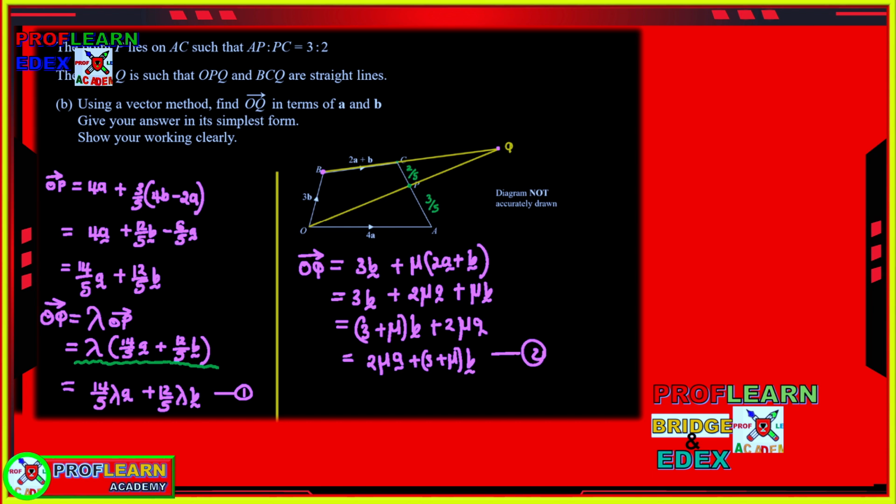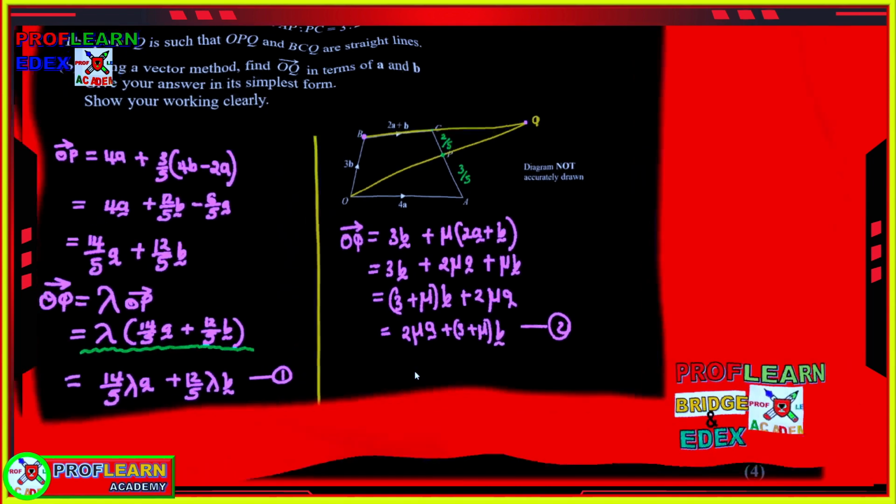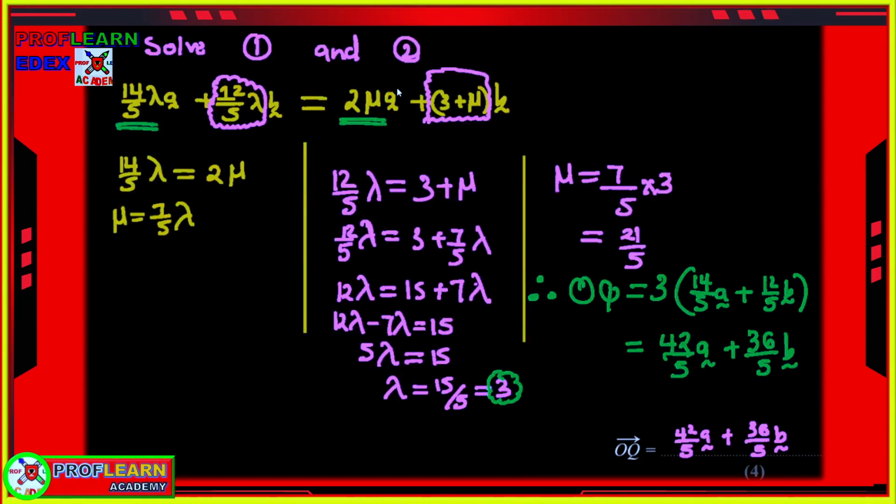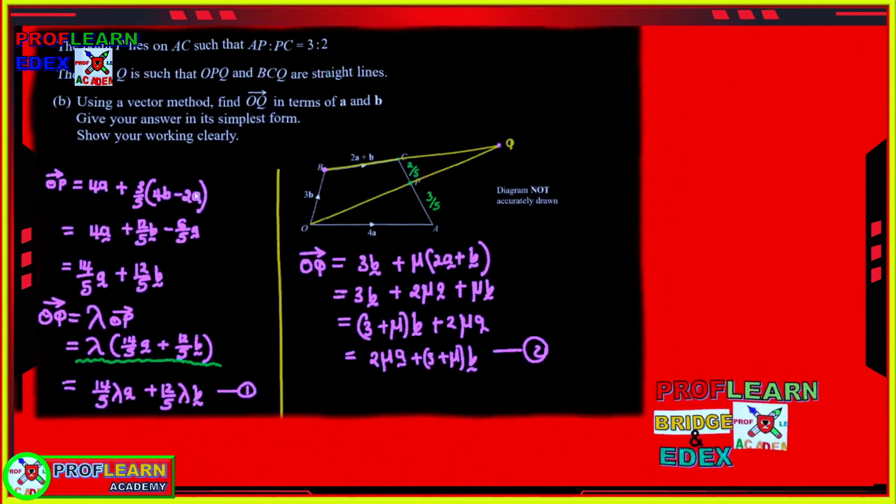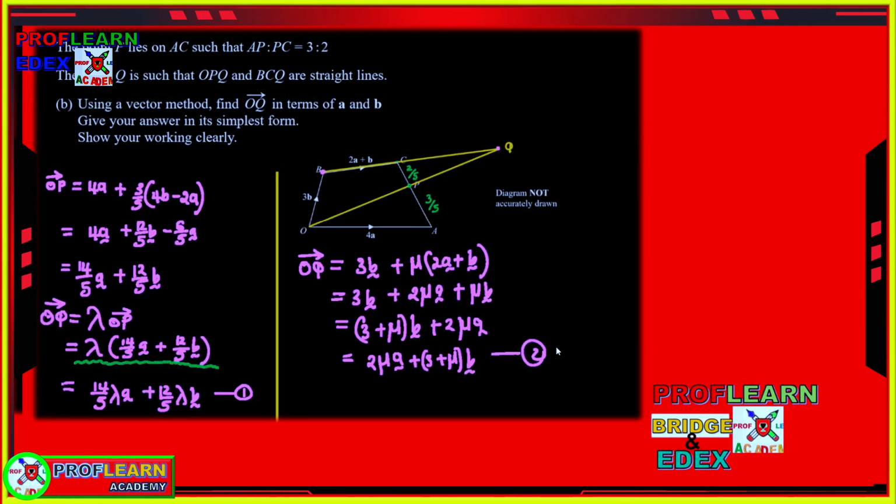So which means that we are going now to solve these two simultaneous equations so that we can find the constants lambda and mu. The way to solve it, you shall equate equation 1 to equation 2, because both of them are representing OQ, which are the same expressions.